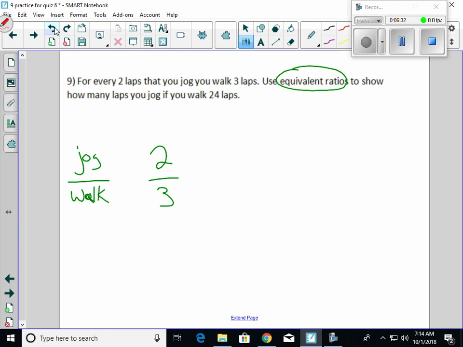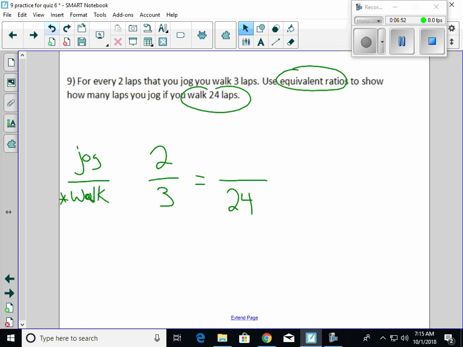How many laps do you jog if you walk 24 laps? I'm walking 24, so I'm going to make this equal to another fraction. Equivalent means equal. And that 24 I'm going to put on the bottom, because that's where we put walking.